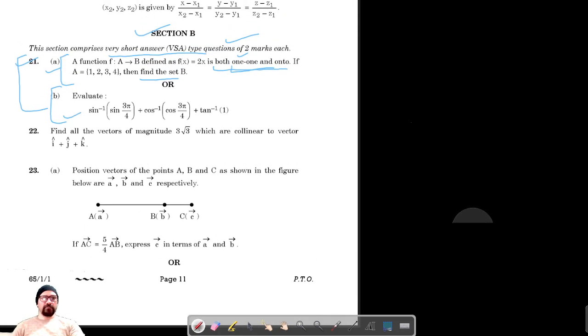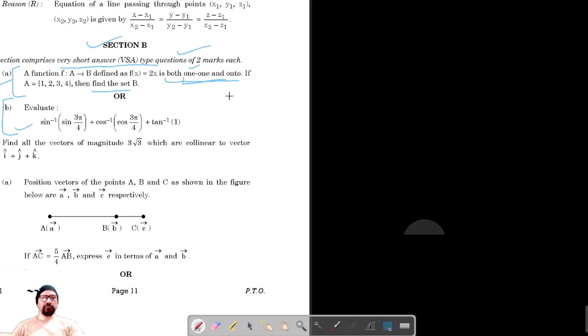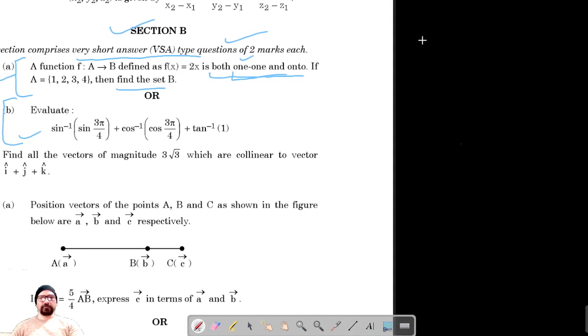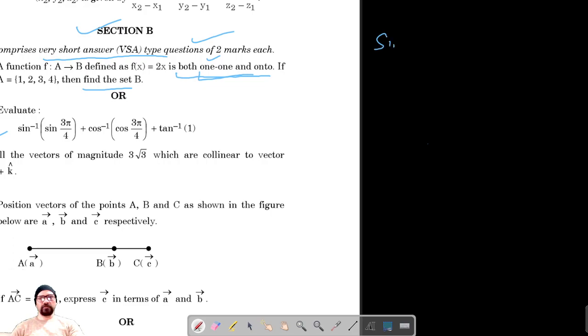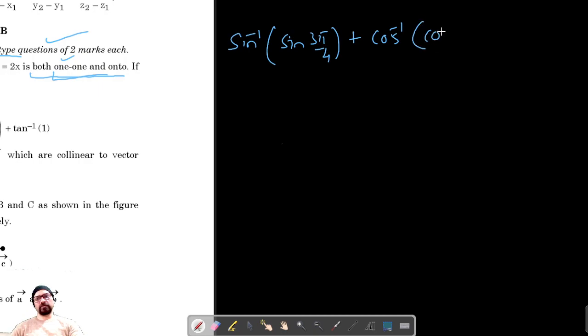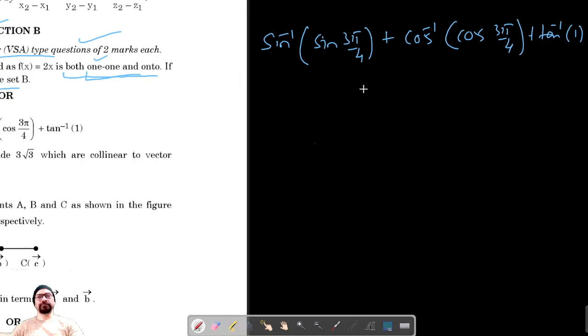Okay, and for part B, we have to evaluate sine inverse. So we have this question: sine inverse sine 3 pi by 4 plus cos inverse cos 3 pi by 4 plus tan inverse 1.